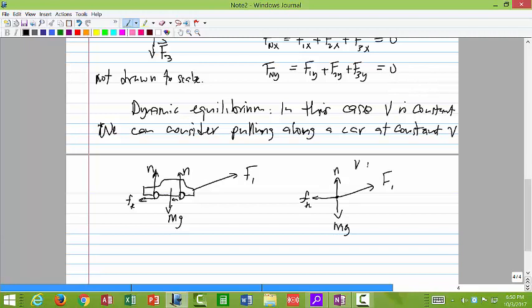So v is constant. If this object is being pulled along at a certain constant speed, then the forces will all balance each other.